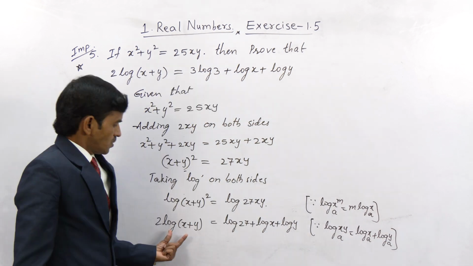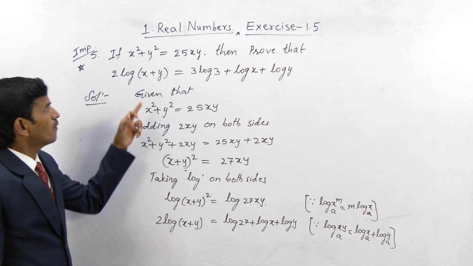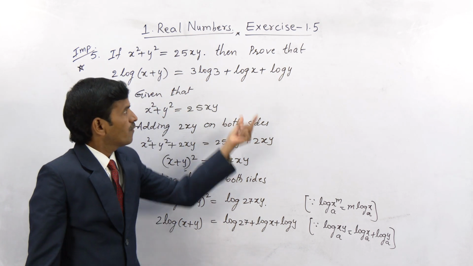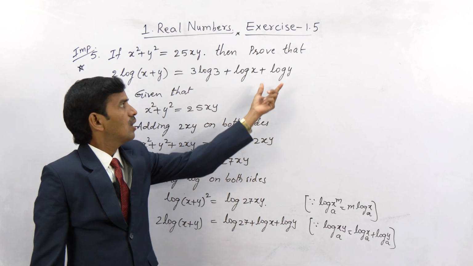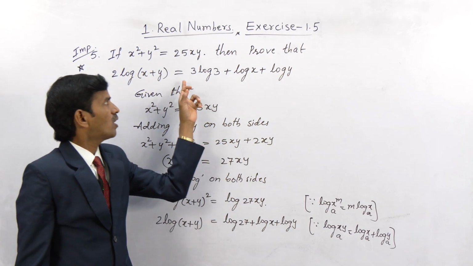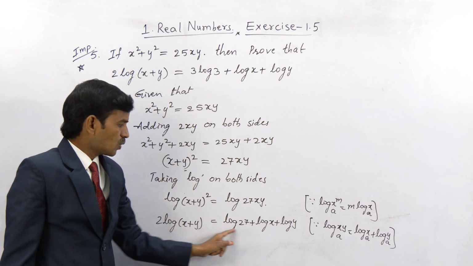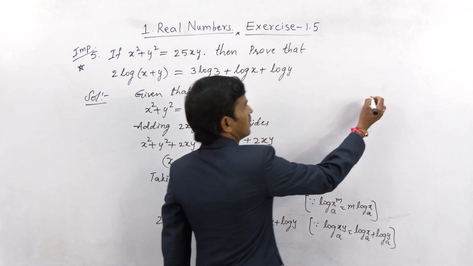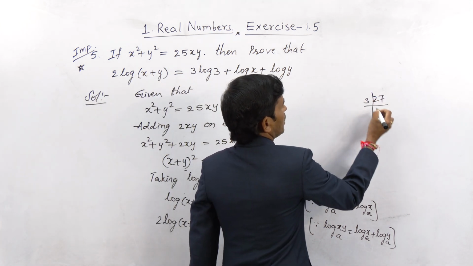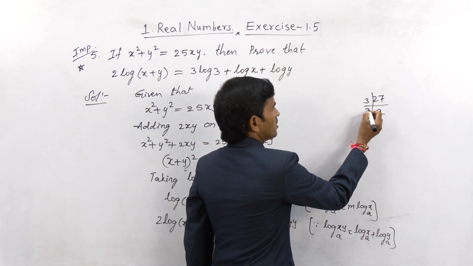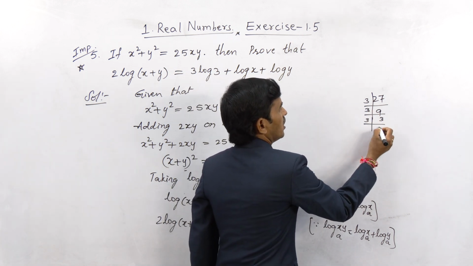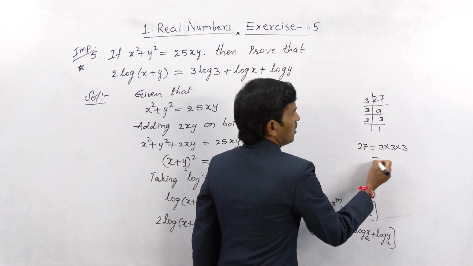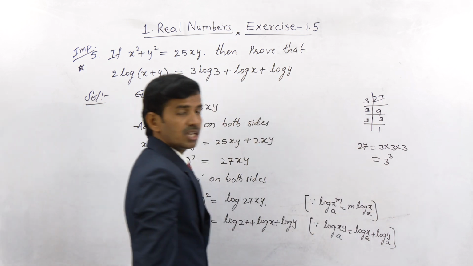So see that the left hand side we got, but what about the right hand side of the equation? We have log x and here also log x, log y and here also log y. But what is the required term here? 3 log 3. So 27 can be converted into 3 log 3. How can you convert? Let us see. What are the prime factors of 27? 3 nines are 27, 3 threes are 9, 3 ones are 3. So 27 can be written as 3 into 3 into 3, which is equal to 3 power 3.